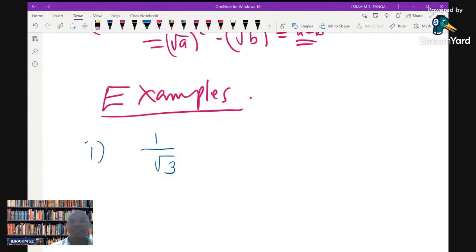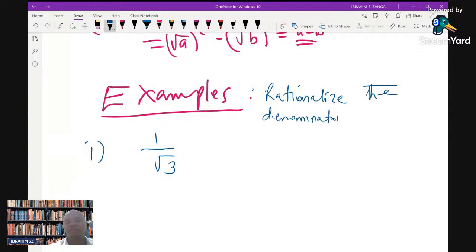So we're going to say actually rationalize the denominator of the following.